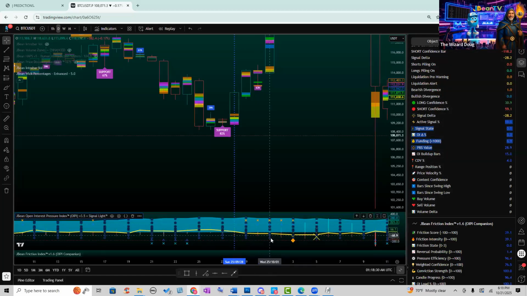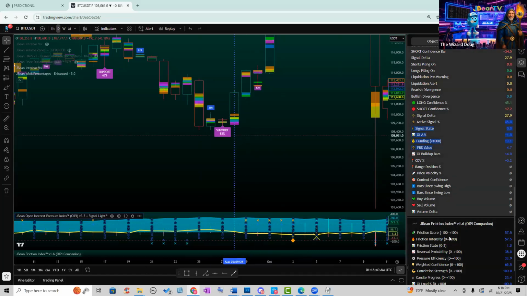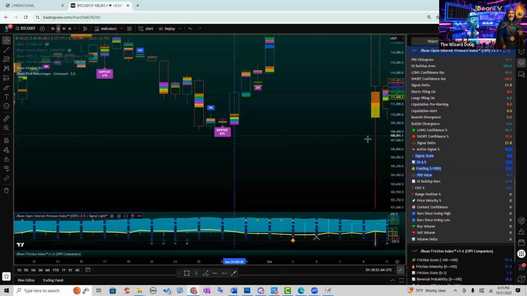It's kind of like a master slave, or the key indicator and the supporting indicator or companion indicator. They go together, and they both have data window fields that are separate, and they're doing different things. I'm not going to go heavy into them tonight, but I'm going to go through them a little bit.